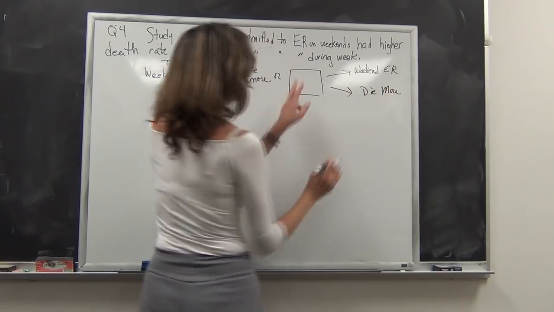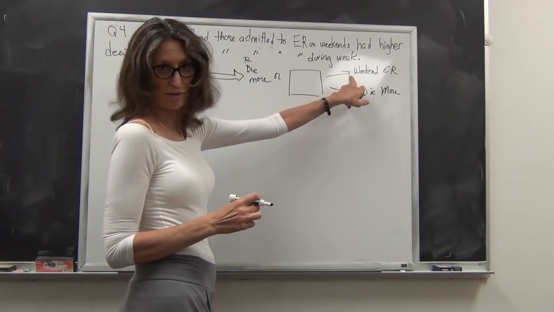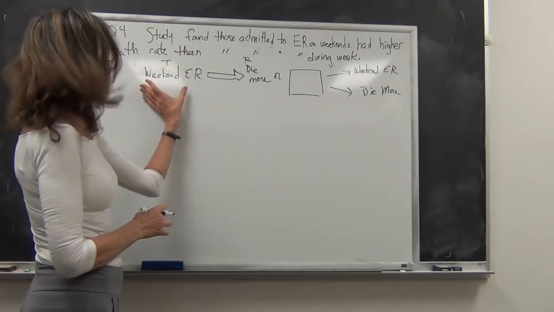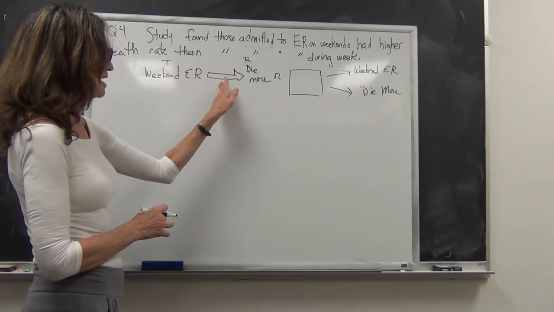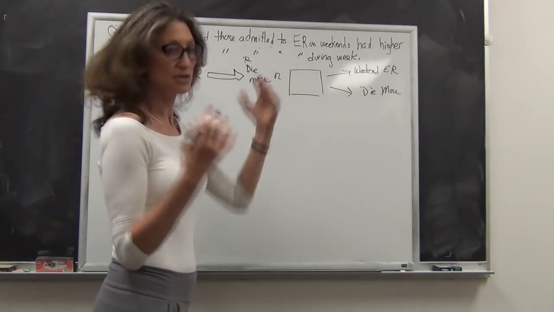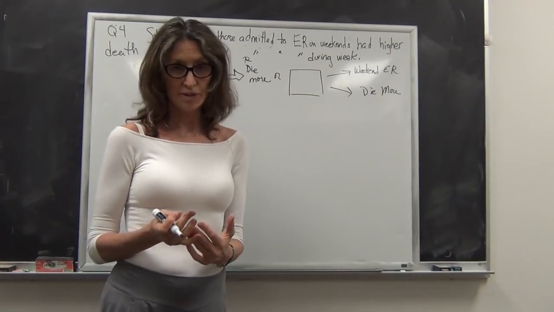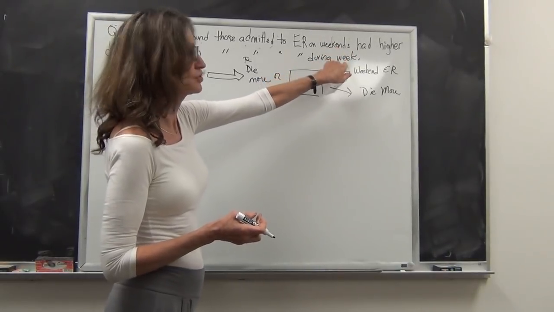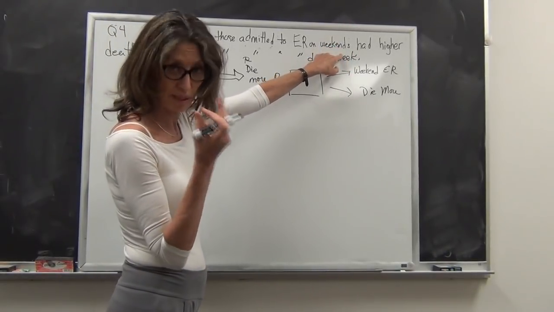Something that happened before they went to the emergency room, not something that happened after as a cause. So it's a difference between the treatment and the control group, in this case those who go to the emergency rooms on weekends versus during the week. Those are two different groups of people.